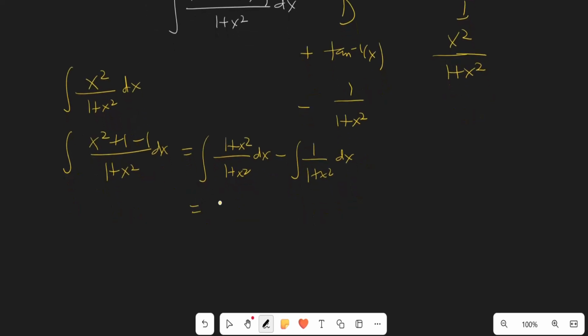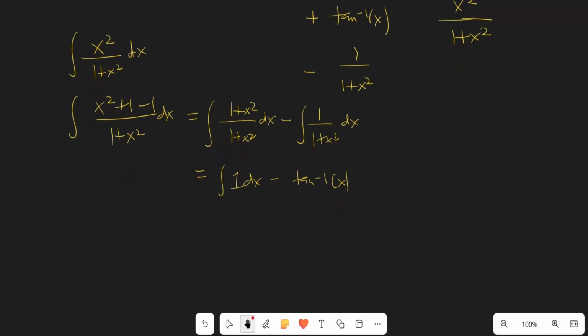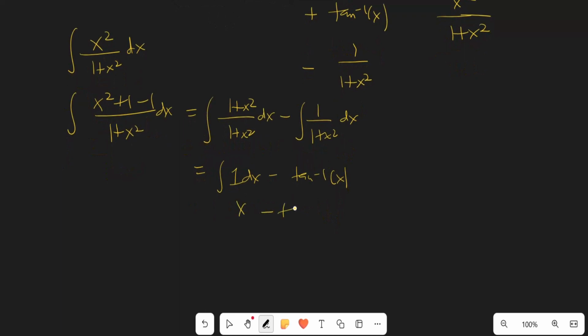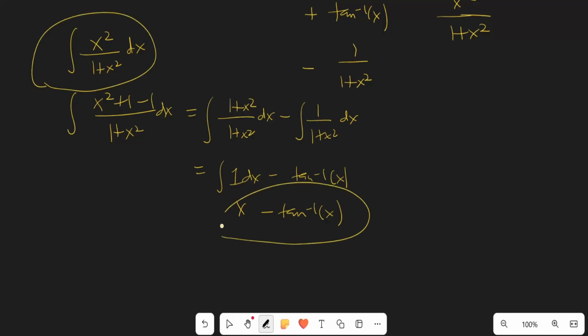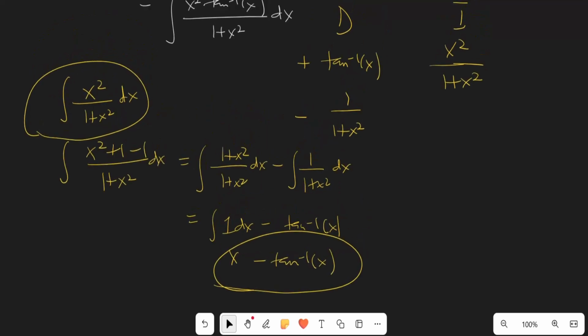This simplifies to 1, so the integral of 1 dx minus the integral. This is the tan inverse of x. And integral of 1 is x minus tan inverse of x. So if we integrate this, we are going to end up with x minus tan inverse of x. So I can write that here, x minus tan inverse of x.